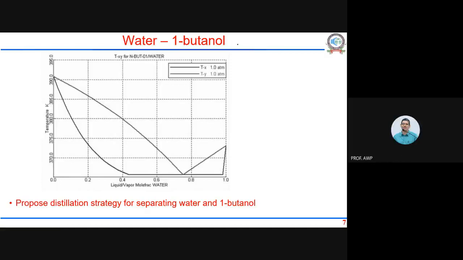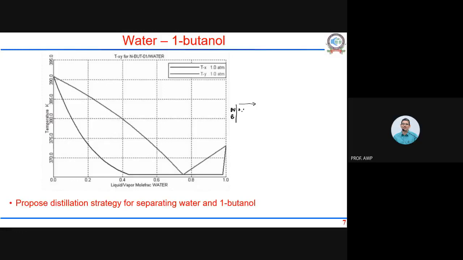Now, suppose I have a 20-80 mixture of water and butanol. How will I separate it into pure water and pure butanol? Can you think about a strategy? So I have a mixture of water and butanol.